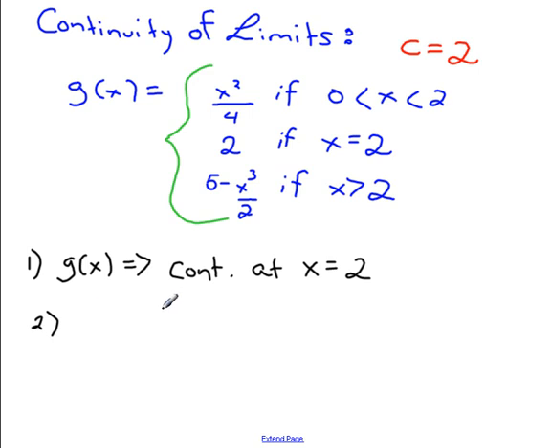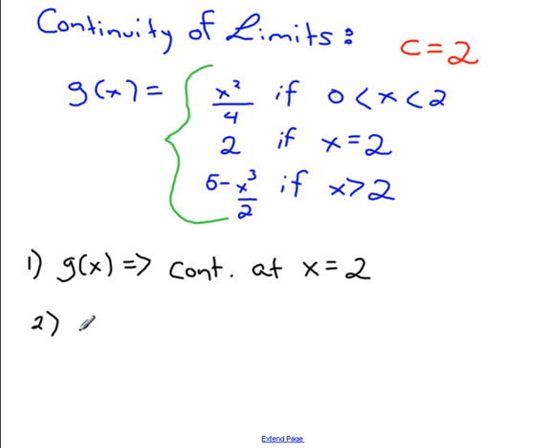The second thing we'll look at is we have to evaluate the limit from the left-hand side, but we must also evaluate the limit from the right-hand side. This is the limit evaluated at point 2, so at that point from the middle. Now we have to evaluate from the left and from the right.